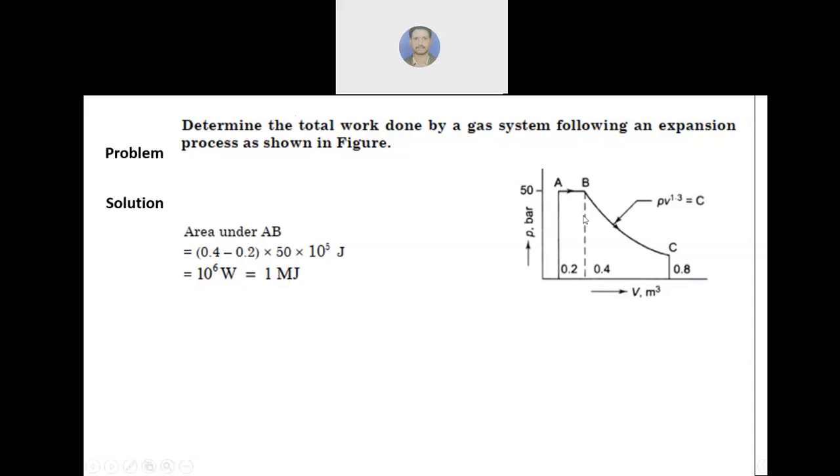Now next, process BC. For process BC, what will the work done be? Yes, write in the comment box.